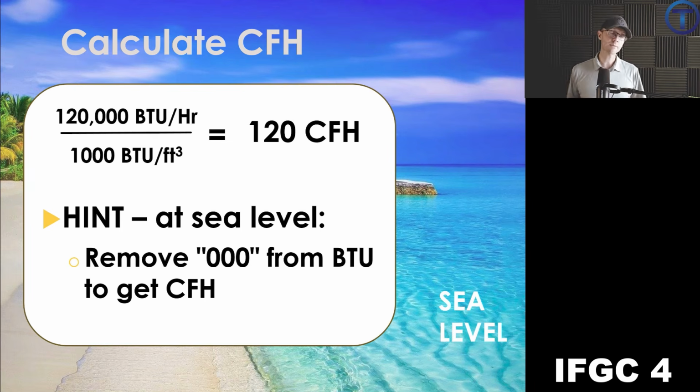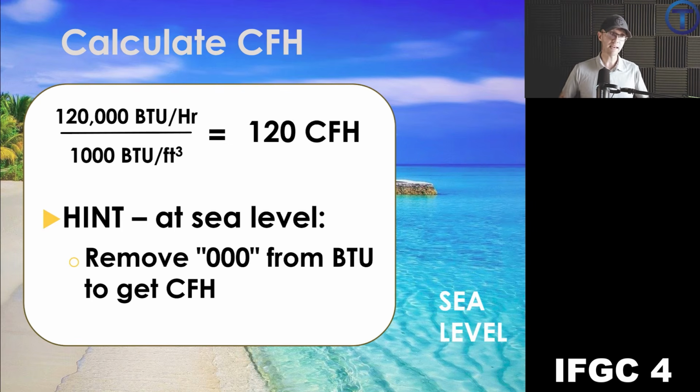We'll take the maximum BTUs, in this example 120,000 BTUs per hour for a given appliance. Divide that by the number of BTUs available in 1 cubic foot of gas. That's 1,000, and we get 120 cubic feet per hour. That's the requirement that that appliance will need in order to function for 1 solid hour at maximum capacity. 120 cubic feet per hour.